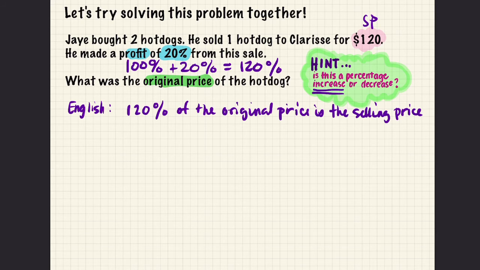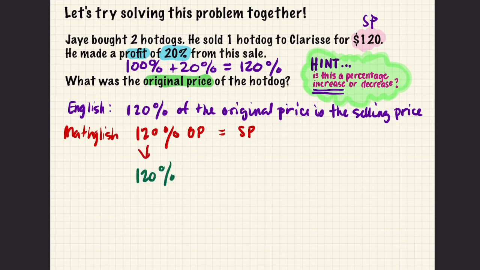Okay, so now let's make it into Mathglish. 120% of the original price equals the selling price. Okay, so we know what the percentage is. We don't know the original price, but we do know that the selling price is $120.